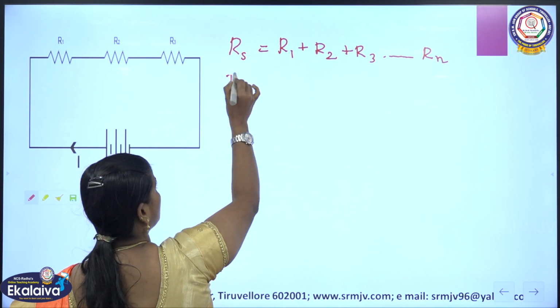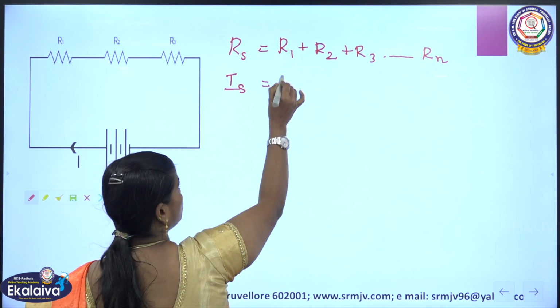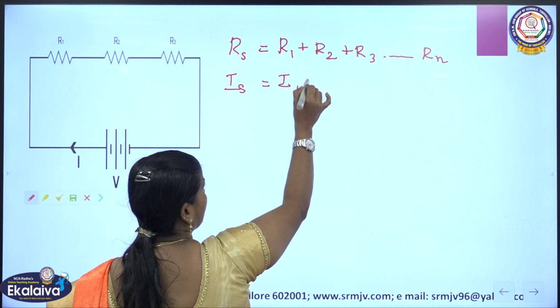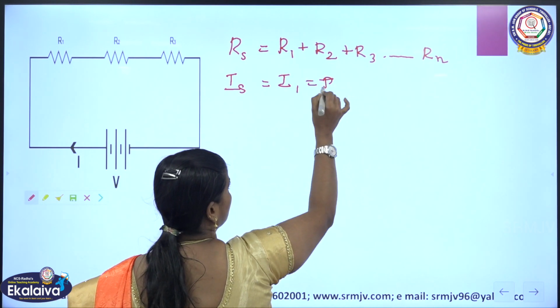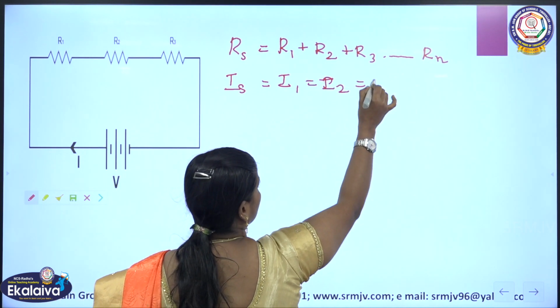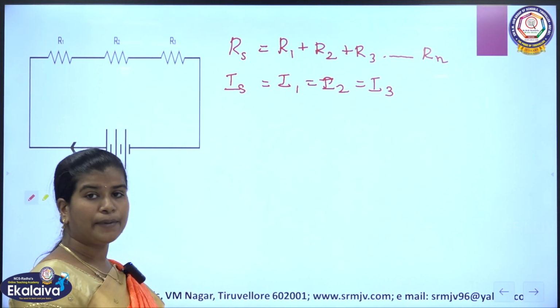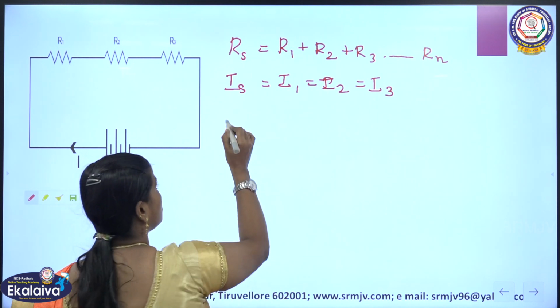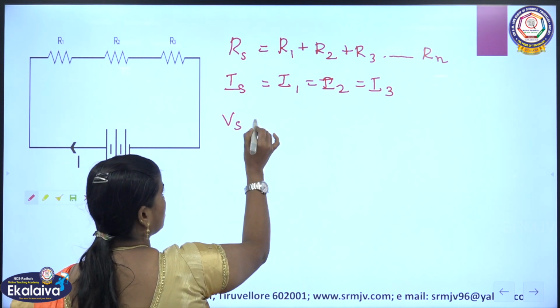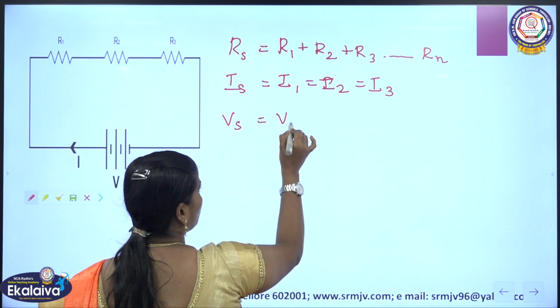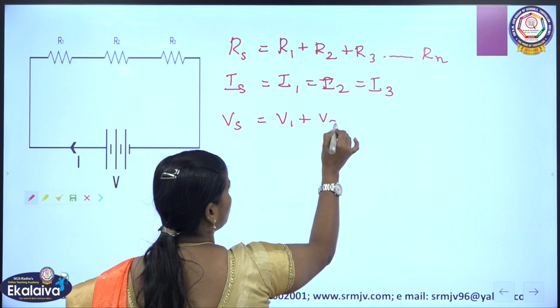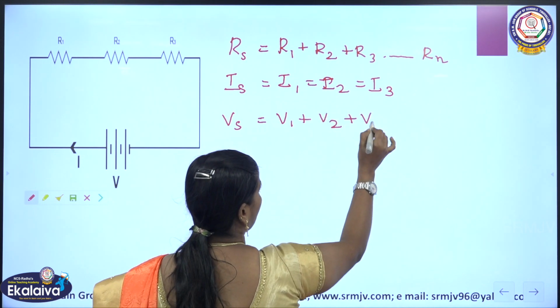The total I will be equal to I1 as well as I2 as well as I3. Okay. Then what will happen to the potential difference? That is Vs is equal to V1 plus V2 plus V3.